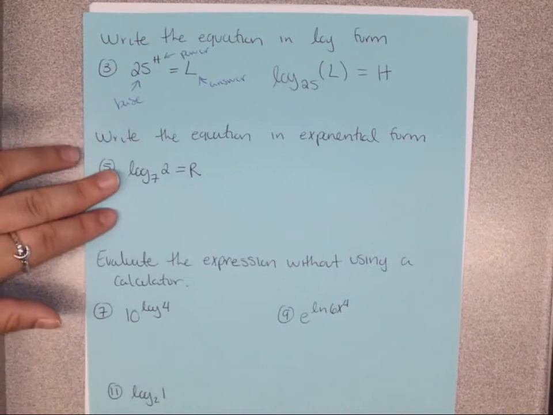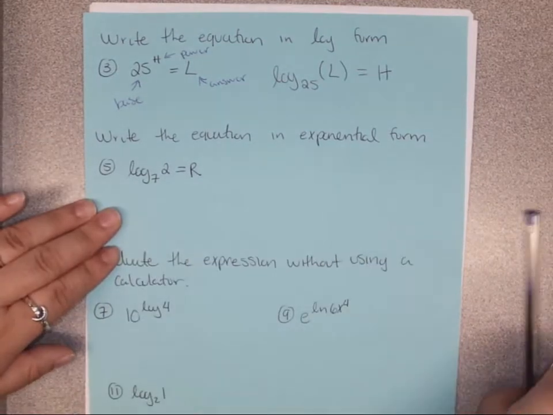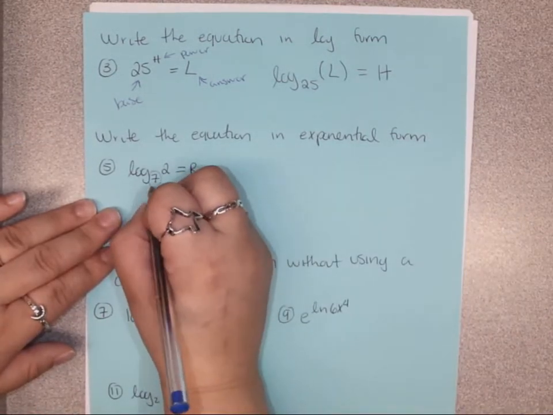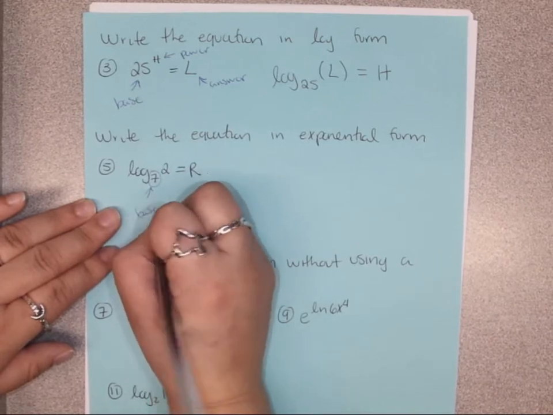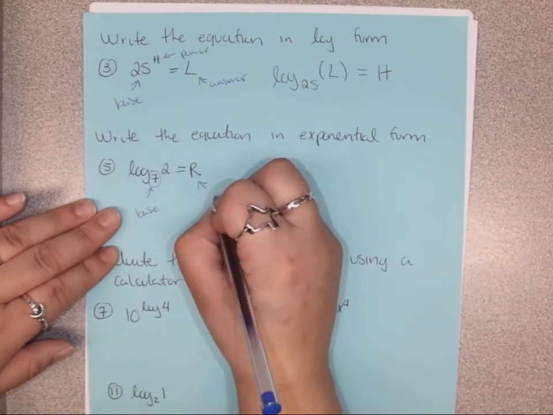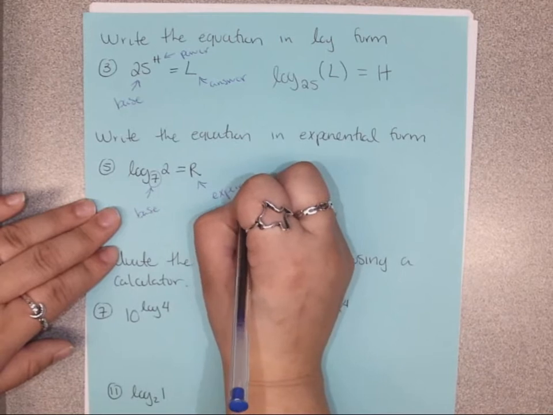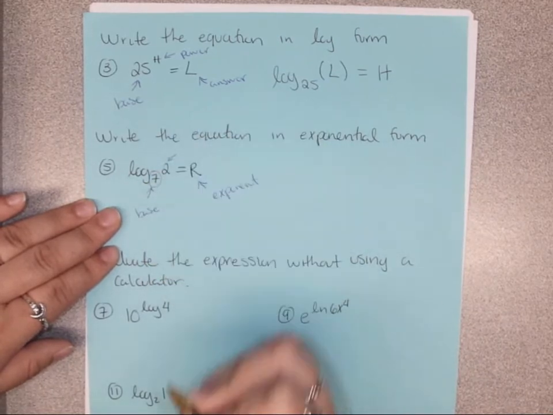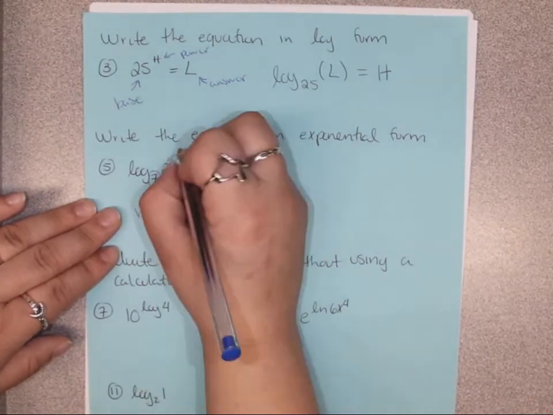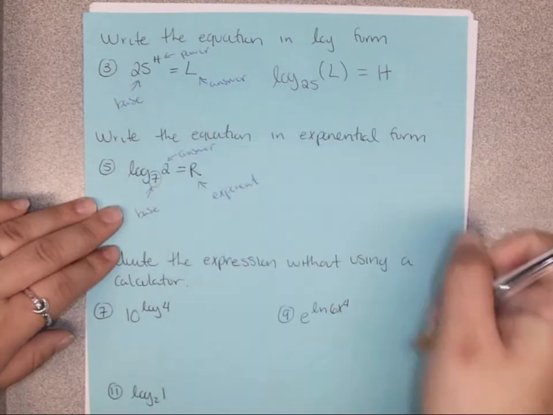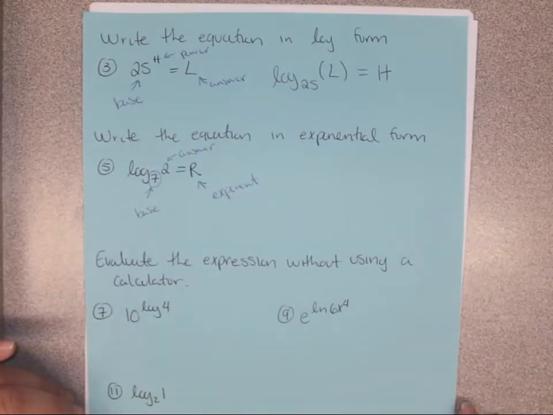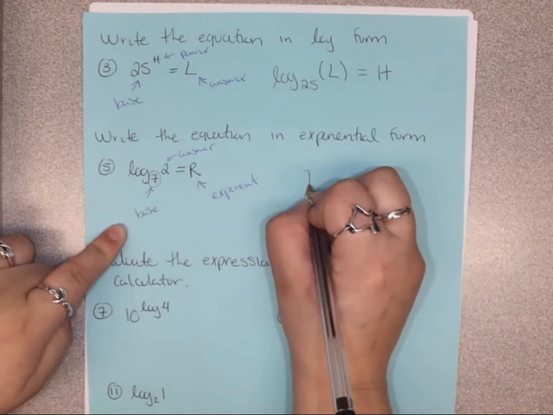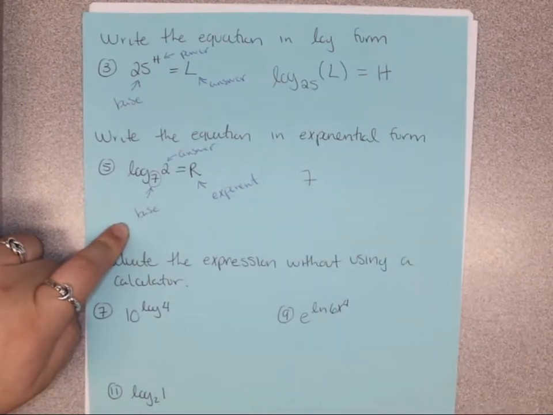Same idea. When you're going from a log to exponential, we know the 7 right here represents your base. Whatever's on the other side represents your exponent. Whatever's in here, whatever we're taking the log of, is our answer. So to change this from a log to exponential, we take a base. In this case, our base is 7.